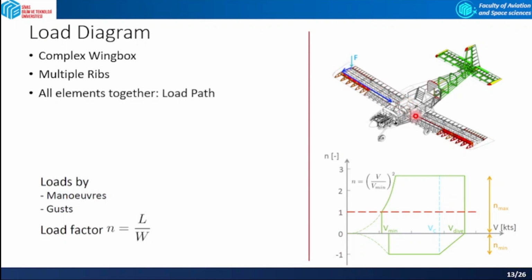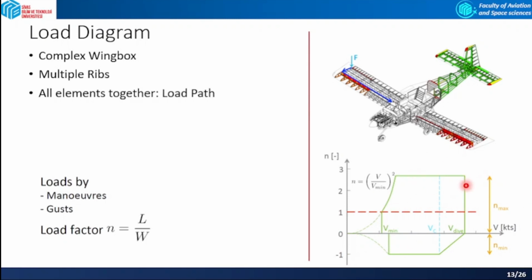utilizing the main spar. So one student might question whether there is a maximum limit to the applied forces or not. To know this, we can refer to the following diagram, which we call a load diagram.